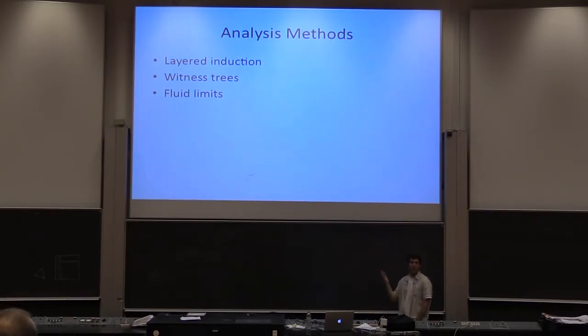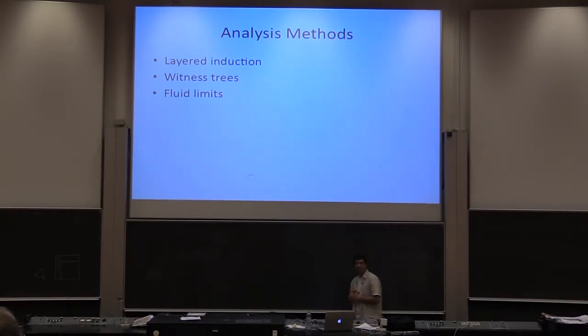There are witness tree arguments, where a bad event corresponds to the load being too high, and you build a structure, which turns out to look like a tree in most cases, that implies a bin of significantly high load, and then you bound the probability of a witness tree. Another method, quite useful numerically, is based on fluid limits.